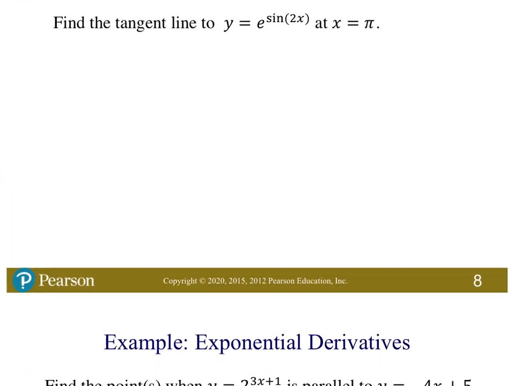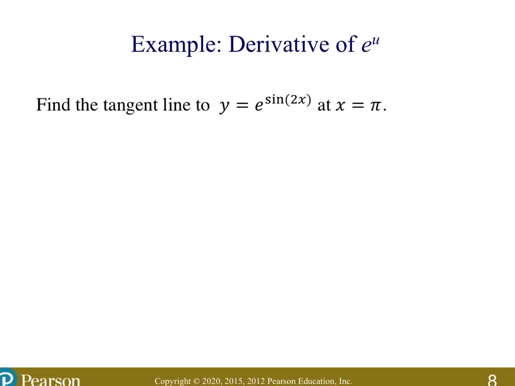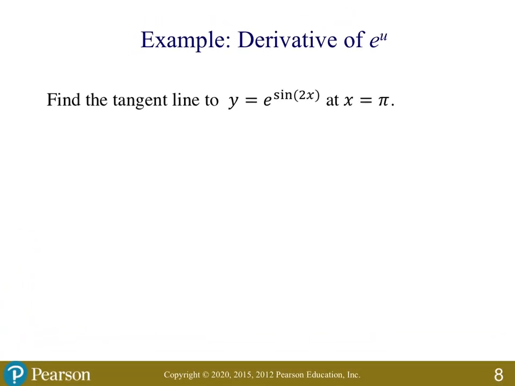Okay, let's find a tangent line. So remember, for a tangent line, we need a point, and we'll need a slope, and then we'll need to write the tangent line. All right, the point is going to start with pi, because that's what we were given, and then we need to find the y value.